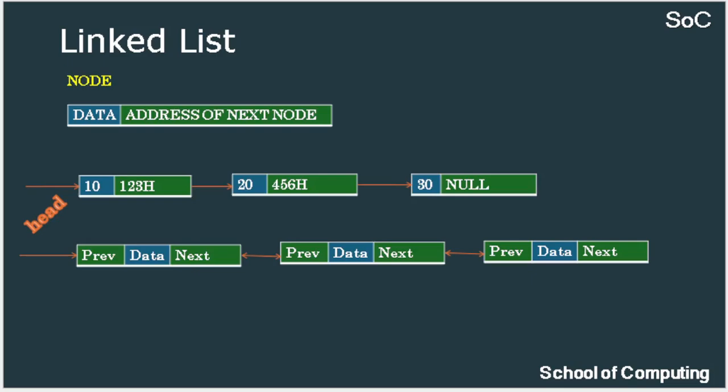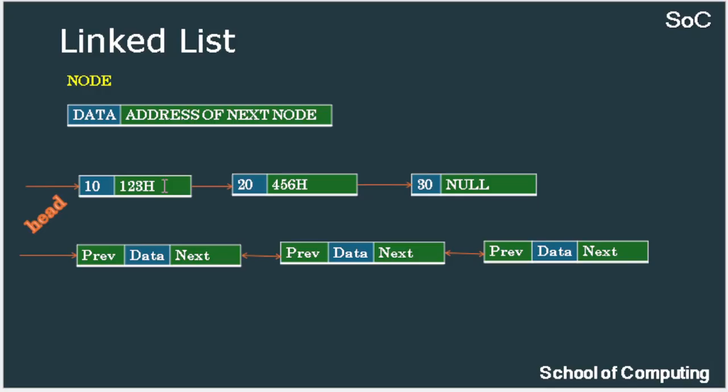Typically, a node will look like this. So generally, a node will have two components, data and address of the next node. If you observe, this is an example where the blue color content is the data and something which is in green is the address of the next node. So in my first example, you can see there are three nodes and the data inside these three nodes is 10, 123H.